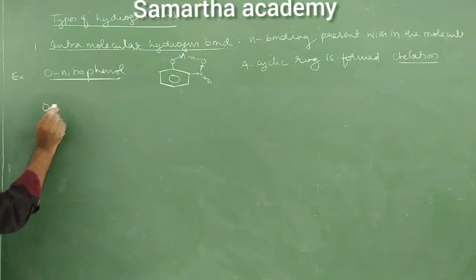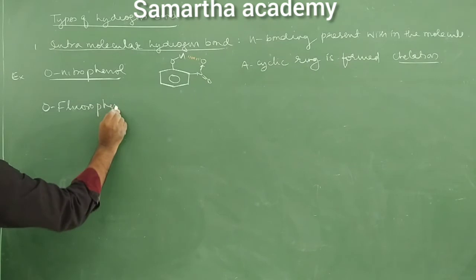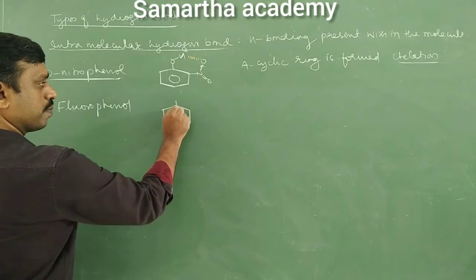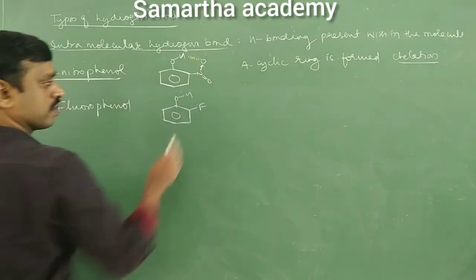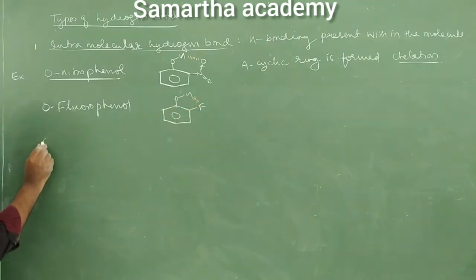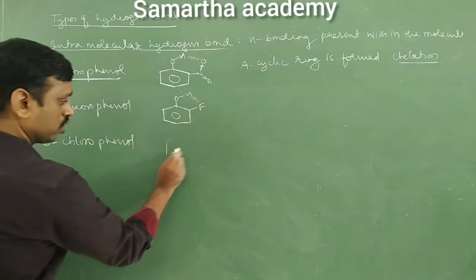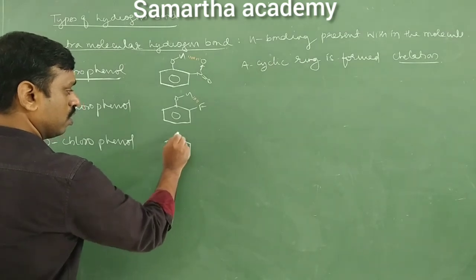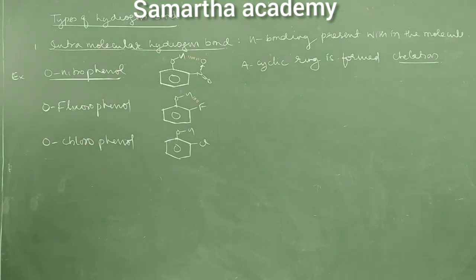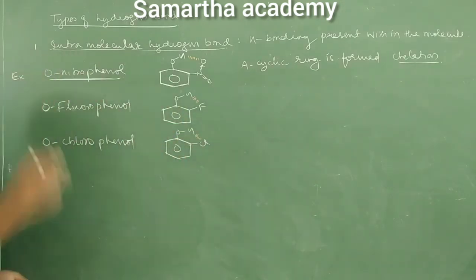Next, orthofluorophenol. It is also similar, just like orthonitrophenol. So a bond is present, no? Next, even orthochlorophenol is possible. I told you chlorine does not form intermolecular hydrogen bonding, but in some cases it forms, like here, due to chelation.